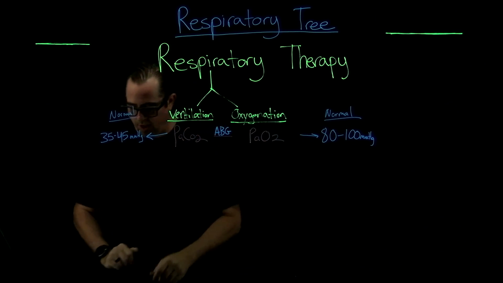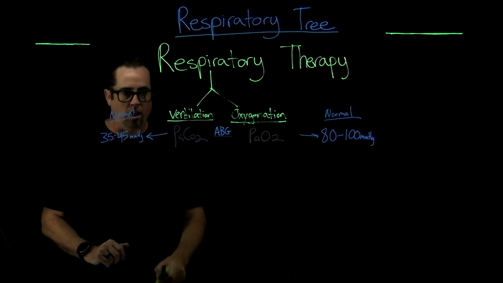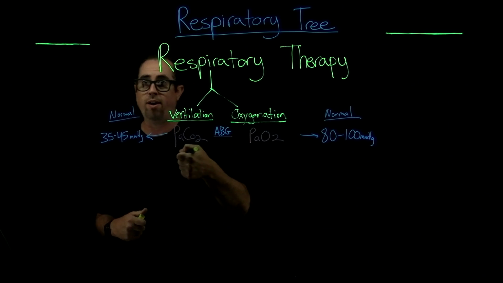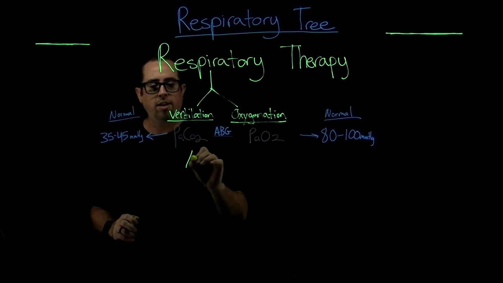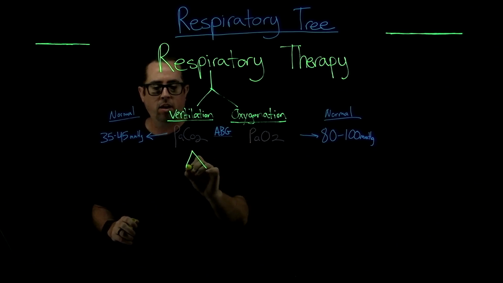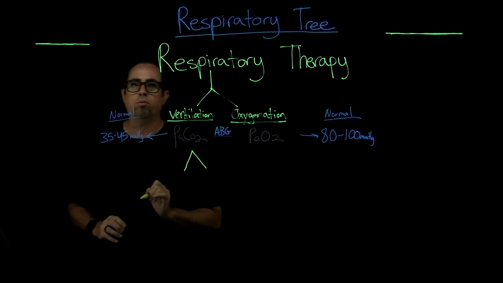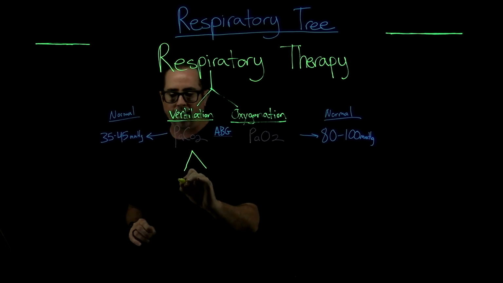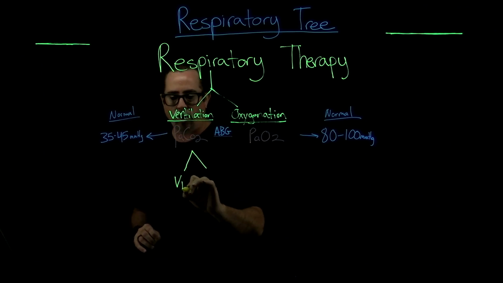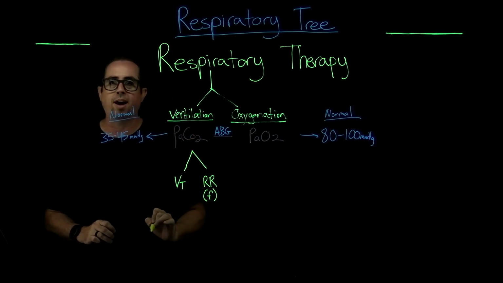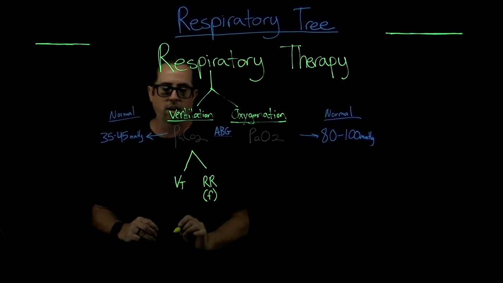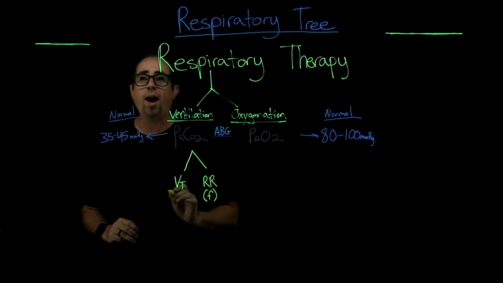If it's a ventilation issue, or we know the CO2 values are off, how do we therapeutically manipulate CO2? That is tidal volume and respiratory rate. As we know from prior videos, frequency of breaths is the same as respiratory rate. So there are only two ways, guys.